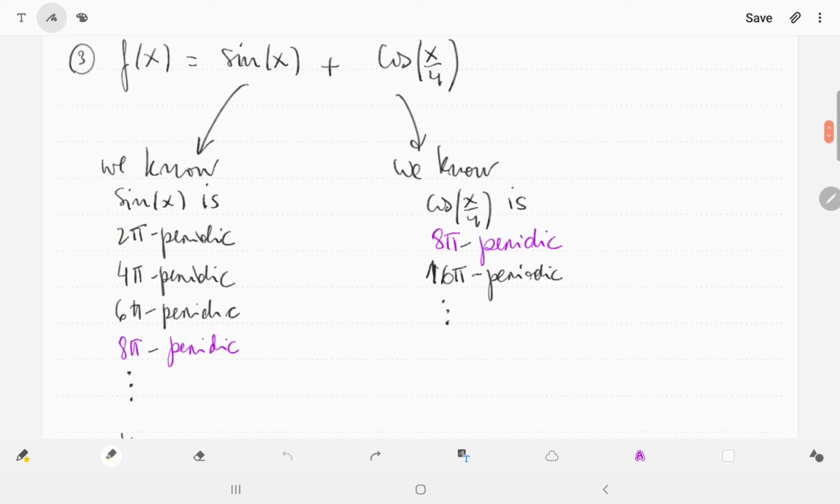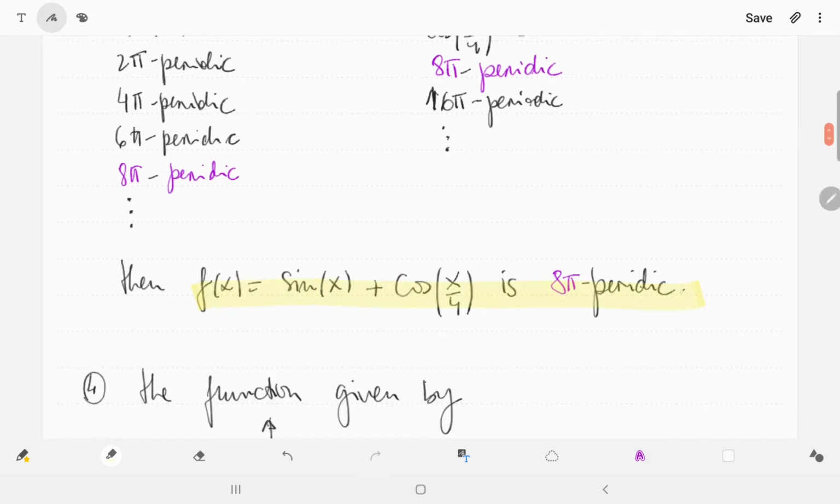And from before, we know that cosine x over 4 is 8 pi periodic, but it's also 16 pi periodic, and so on. So they share 8 pi as a period. Our function, this linear combination of the previous two examples, turns out to be 8 pi periodic.